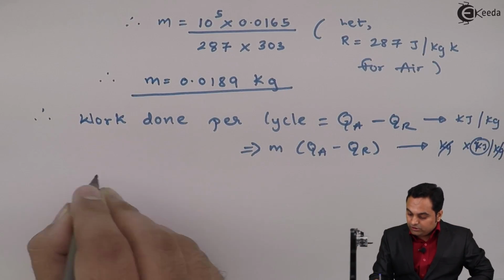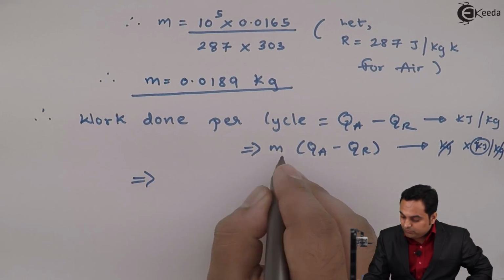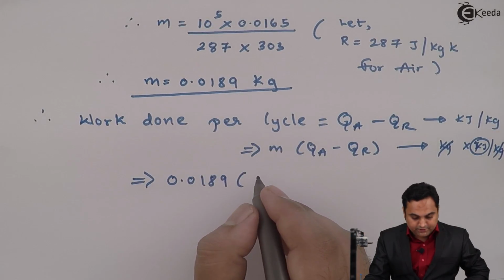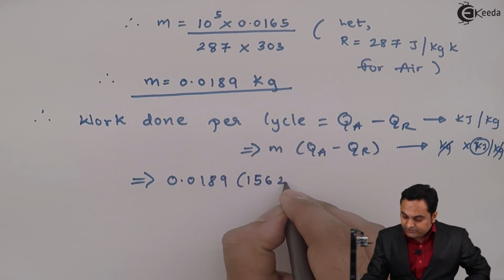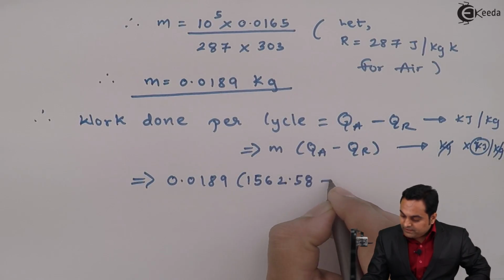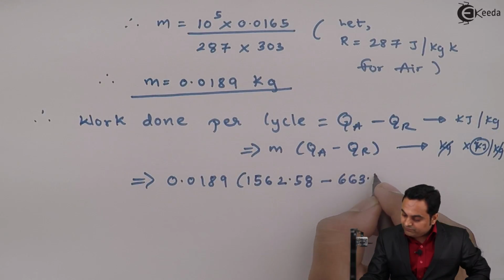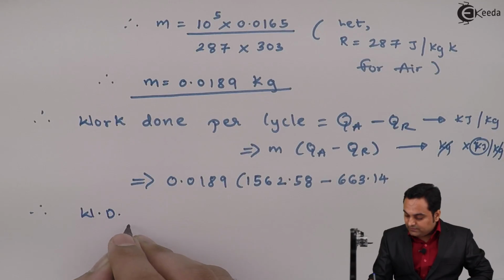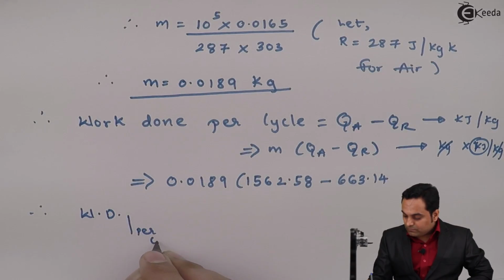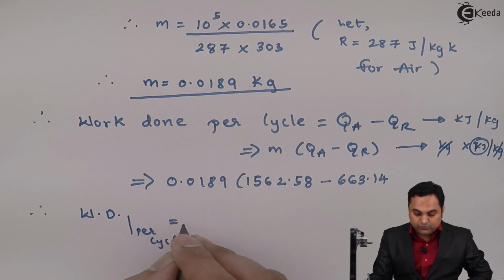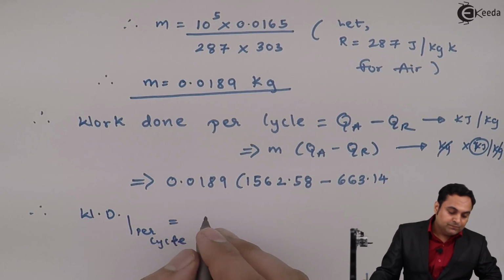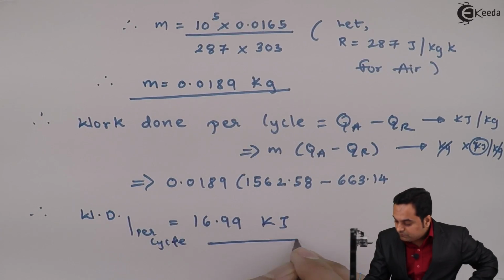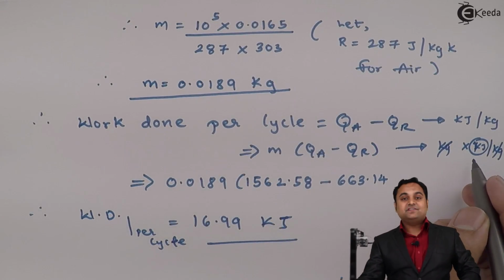Therefore the work done per cycle is 0.0189 times 1562.58 minus 663.14, and the value was found to be 16.99 kilojoule, because the unit is kilojoule as I have explained.